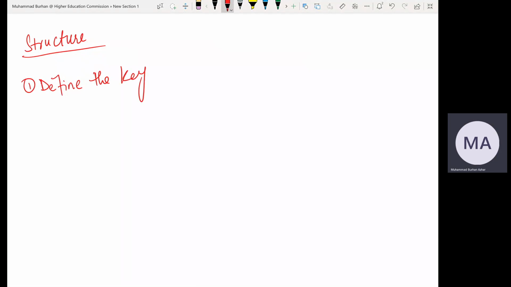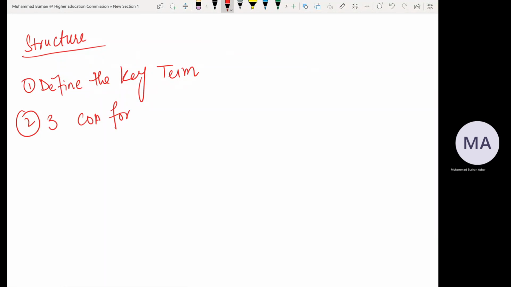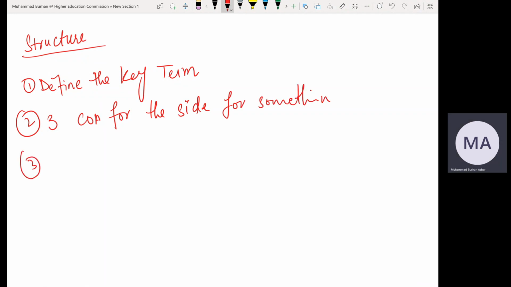Okay? After that, start with 3 chains of analysis for one side, and then develop 3 chains of analysis for the side against that. Okay? And this double-sided analysis also counts as your evaluation. Okay?